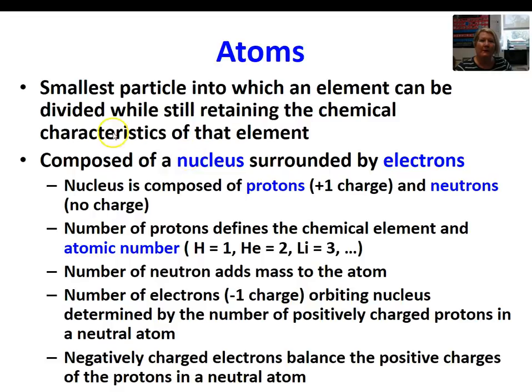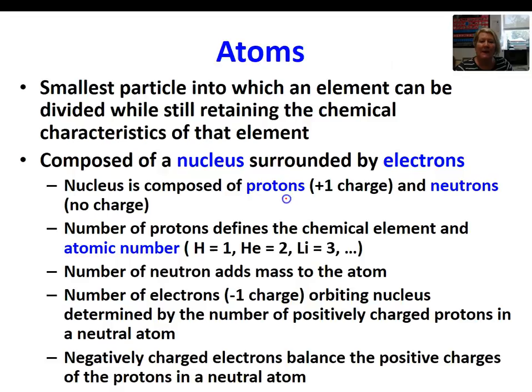Before we get into the details of minerals, we want to start with atoms, the smallest particle into which an element can be divided while still maintaining the chemical characteristics of that element. Remember, atoms are made up of a nucleus with surrounding electrons.